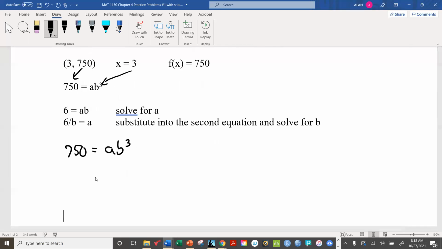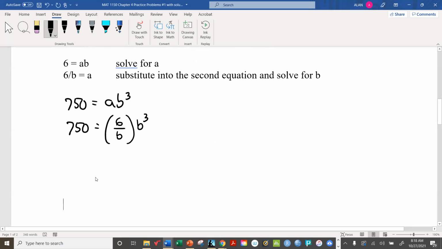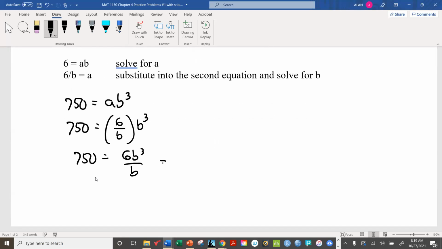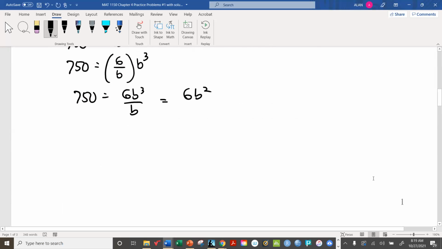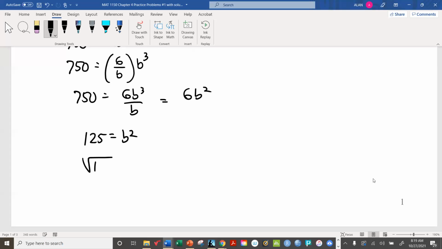But we've just determined that A can be replaced with 6 over B. So this is going to make things a lot simpler, because now instead of what I had before, I've got 6b cubed over b, which simplifies to 6b squared. And now all we have to do is divide both sides by 6, and now it's just a simple square root.